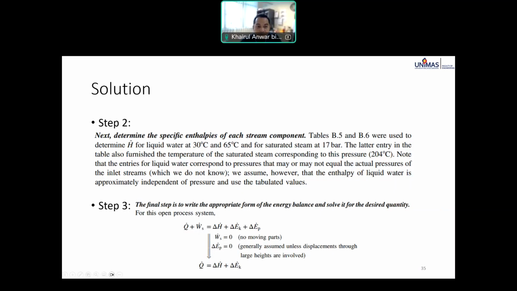The latter entry in the table also furnishes the enthalpy of the saturated steam corresponding to this pressure, 204 degrees C. This is for the outlet, so for the outlet we use table B6.